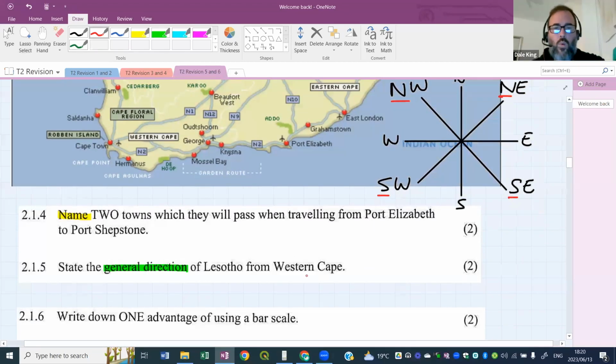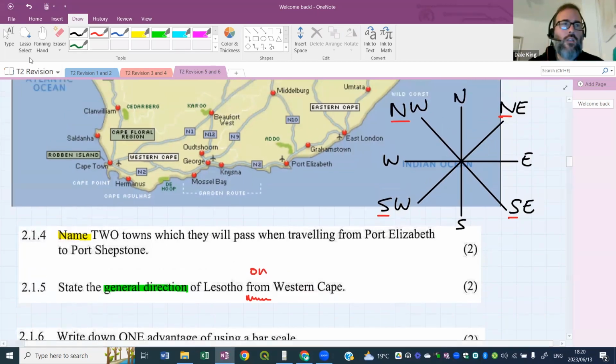Now, where do I put my compass? The key is the word from. Of Lesotho from the Western Cape. So your compass needs to go on the Western Cape.